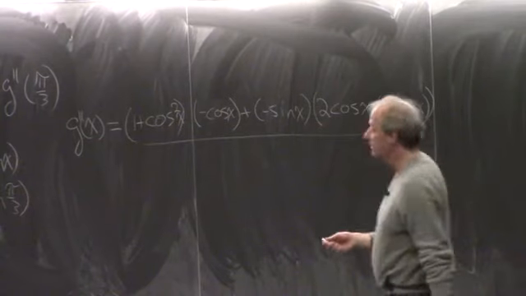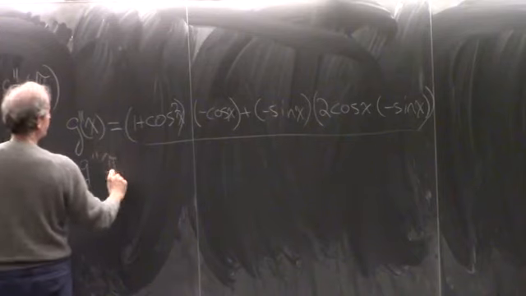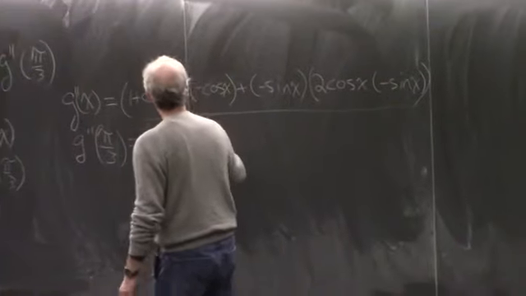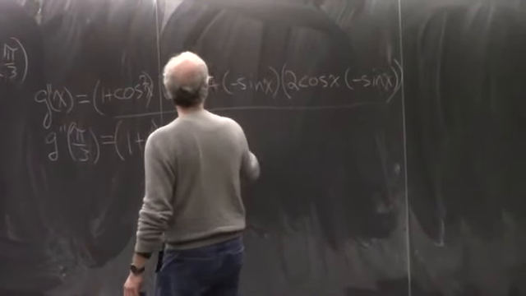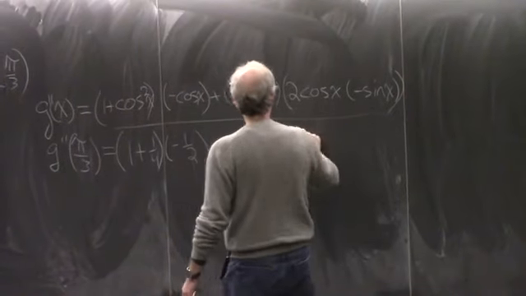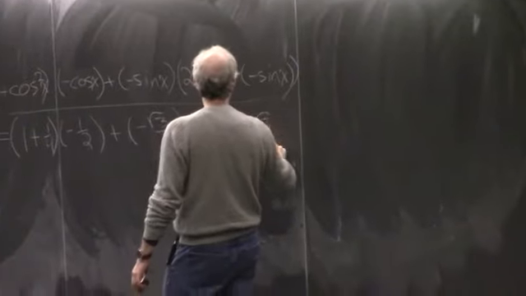Alright, and then you just plug in again. So g double prime of pi over 3 would be this: 1 plus a quarter times minus a half, plus minus radical 3 over 2 times 2 times a half times minus radical 3 over 2. It doesn't really matter.